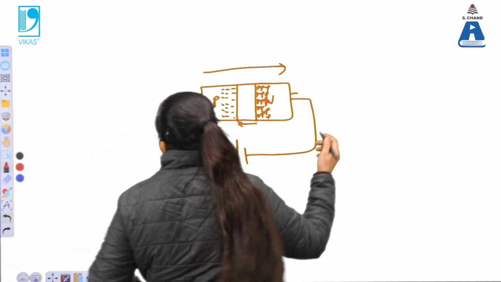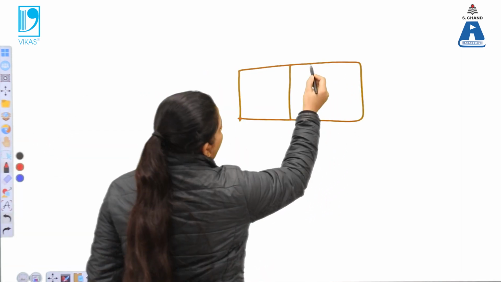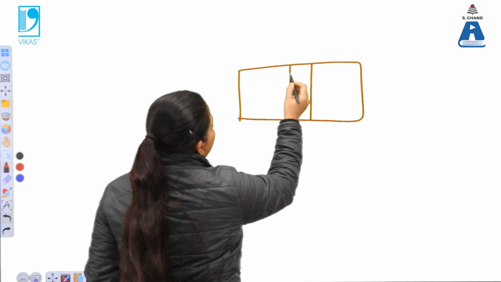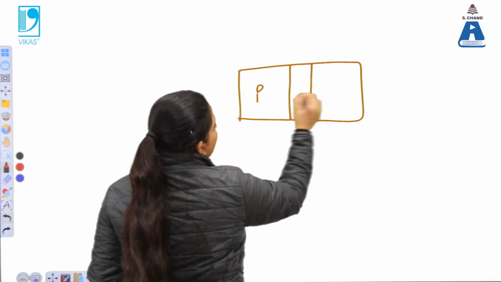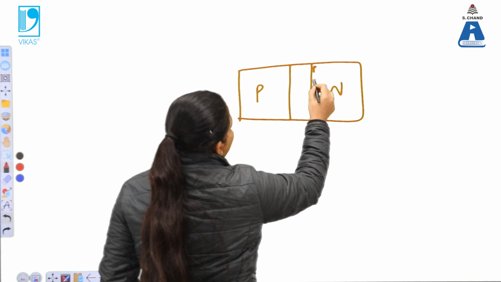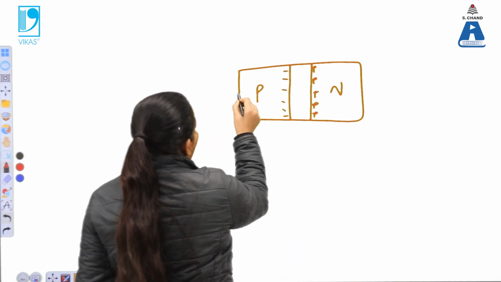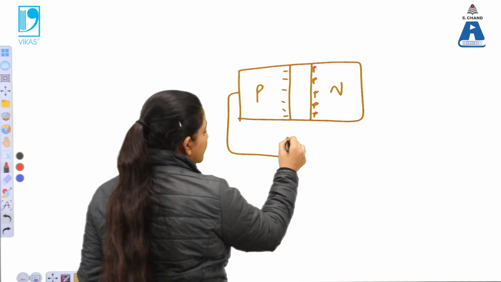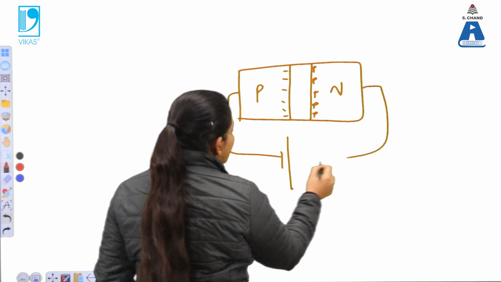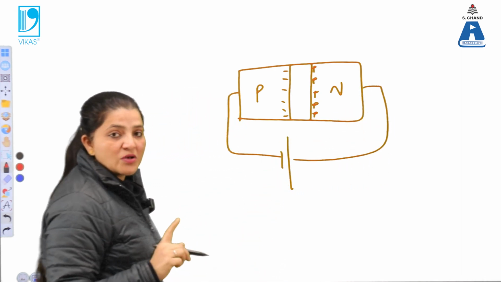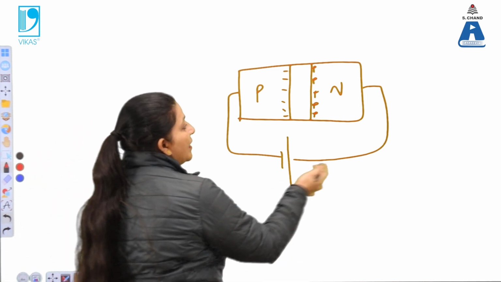In the reverse biasing of PN junction, the depletion region is there again. So this is a P and that is a N. Positive charges develop over here and no battery is there. Now the battery is connected in such a way that negative is connected to the P and positive is connected to the N of the battery.